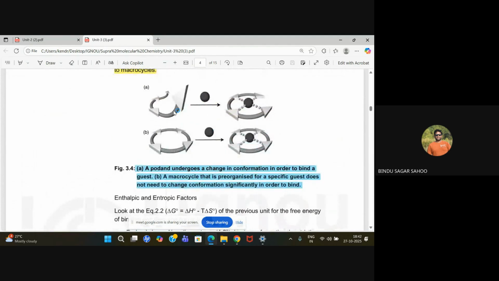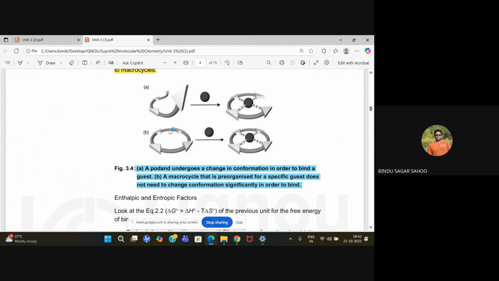This is a podand structure. You can see it's not forming a cyclic complex like that. These two ends are not connected to each other. So the podand complexes, after interaction with the guest molecule, make some conformational changes and form a stable complex like that.